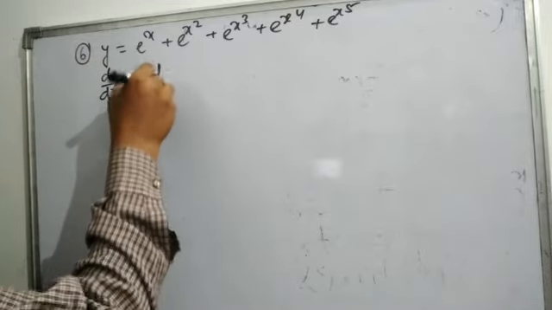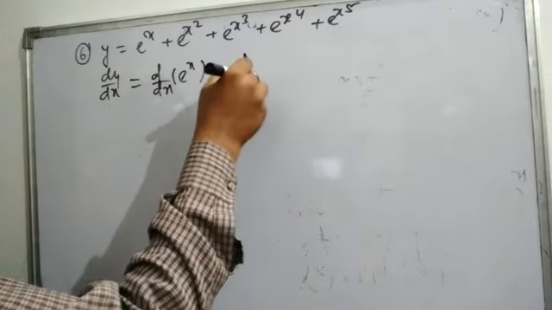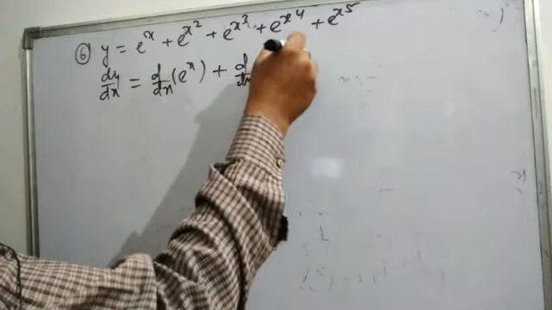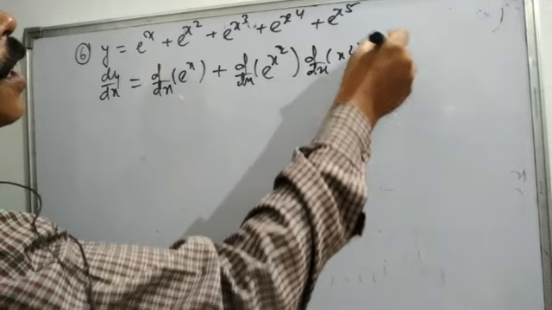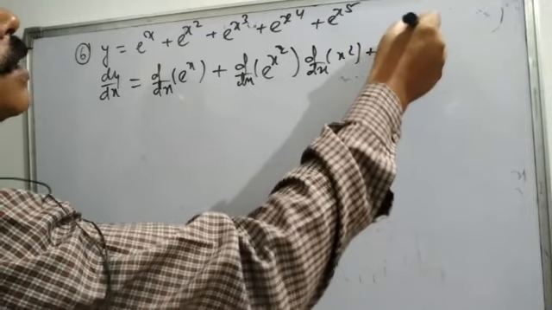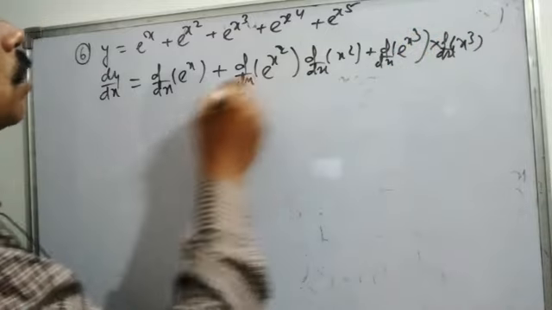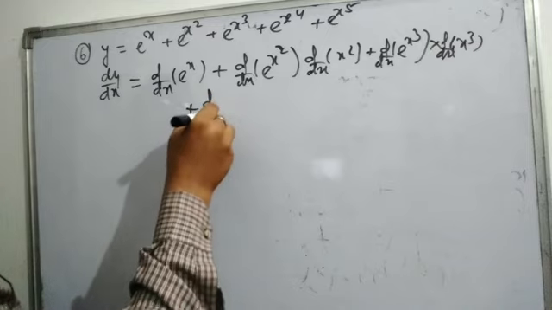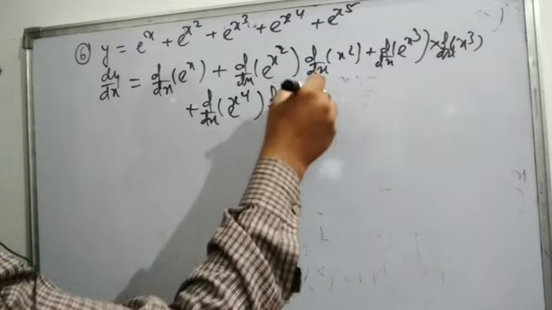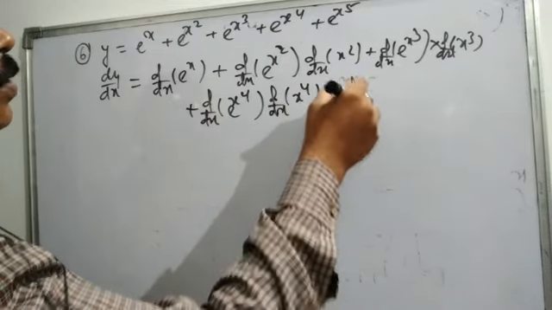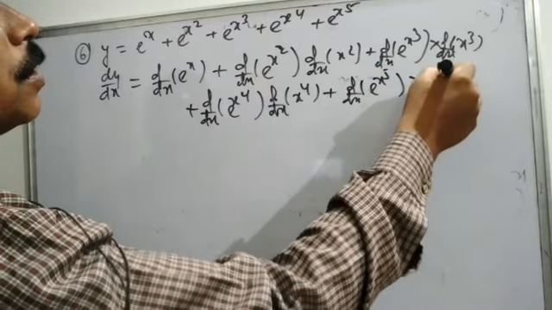In this case derivative of e to the power x plus derivative of e to the power x square, again derivative of x square, similarly derivative of e to the power x cube into derivative of x cube plus derivative of e to the power x to the 4 into derivative of x to the 4 plus derivative of e to the power x to the 5 into derivative of x to the 5.